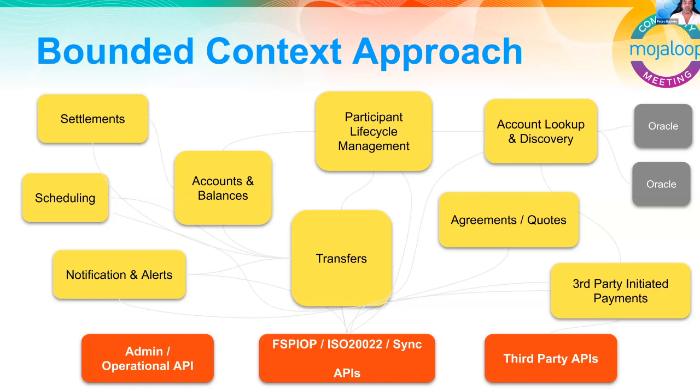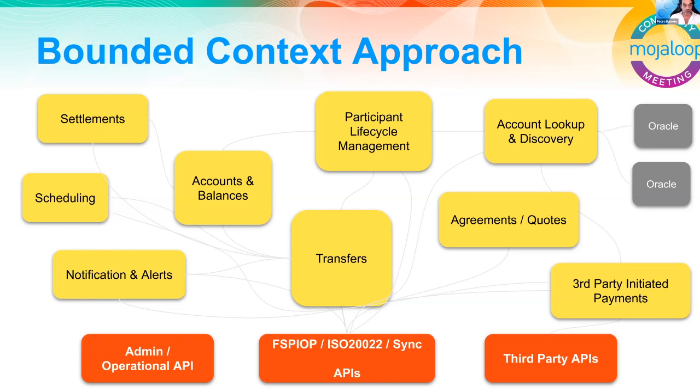Is it running Tiger Beetle? Is it running something else? How are settlements being performed? We don't care. As a developer, every time we tackle a problem, the code base is much smaller, much cleaner, much simpler to understand. That's the consequence of this design around the bounded context approach.